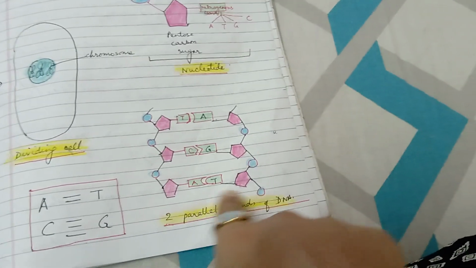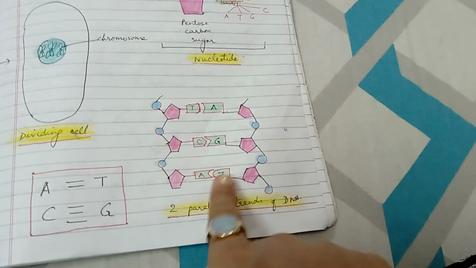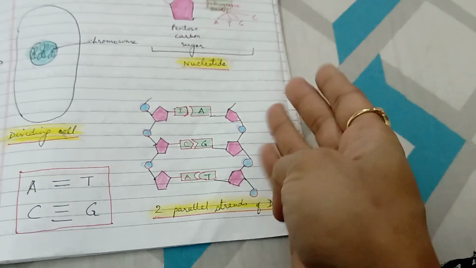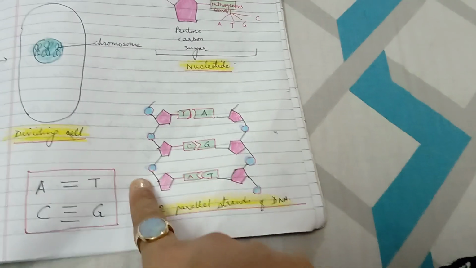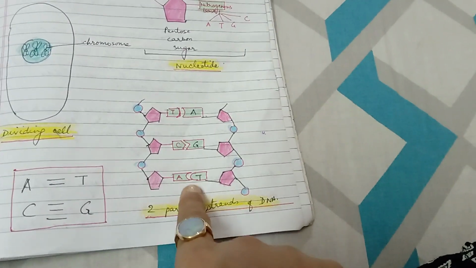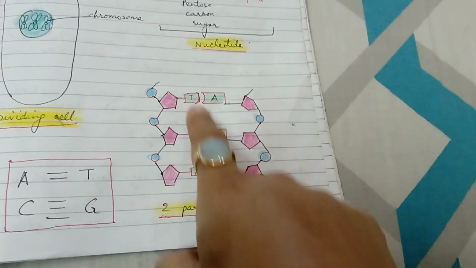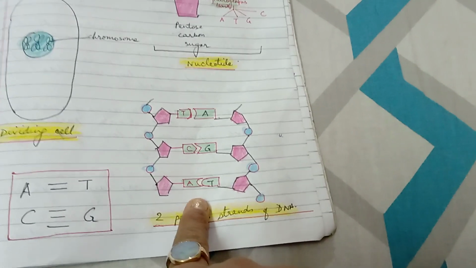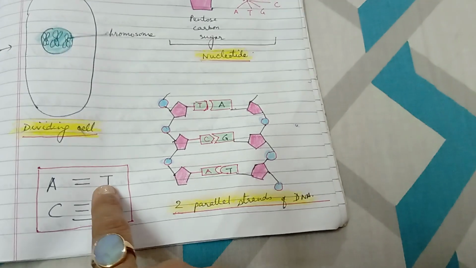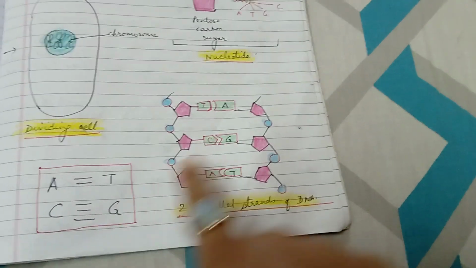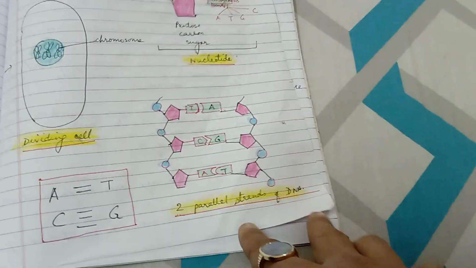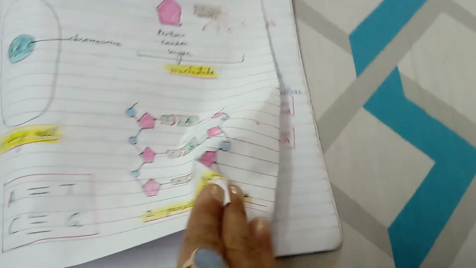Always remember, children, that as I told you, if this is the wooden ladder to be imagined, inside is always the nitrogenous base, and phosphate, the blue colored structure, always on the outer part. And if you can see this, there's a gap. The gap actually is a weak hydrogen bond between the two nitrogenous bases. As I told you here, double hydrogen bond or triple. So depending on whichever nitrogenous base is here, you can imagine how many bonds would be there.